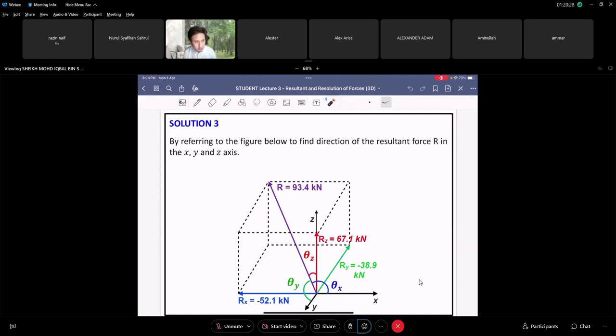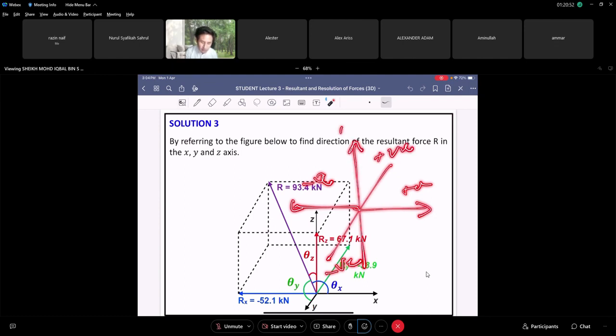If you're consistent, eventually it will cancel out each other. We will get the same answers, all right? But from now on, we use the standard one, right? Which is, this one is positive, going here is negative, and then y, this one is negative, this one is positive, and then for the z-axis, this is positive, and this one is negative.